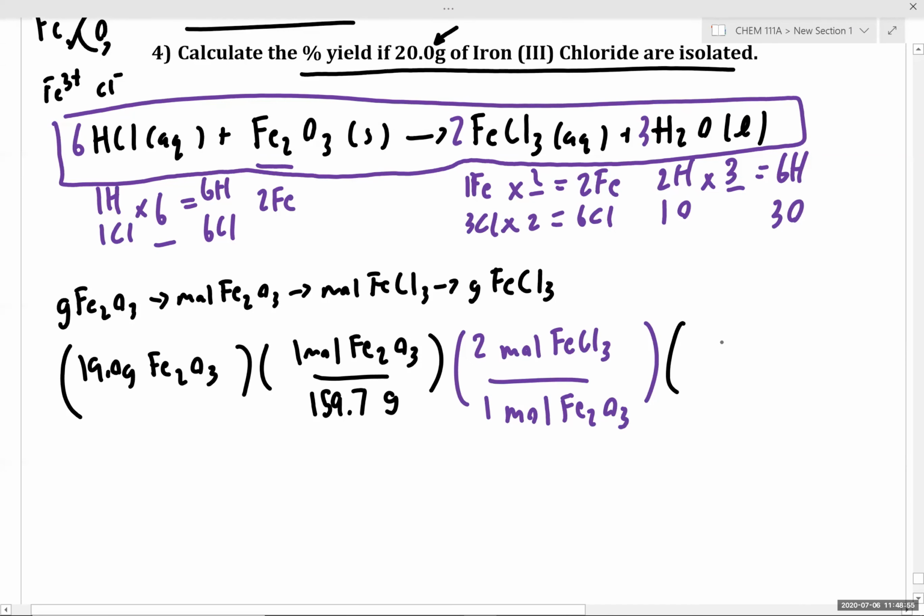Okay, and then we know we have how many grams of iron 3 chloride in 1 mole of iron 3 chloride.